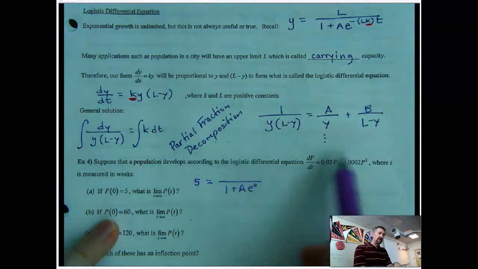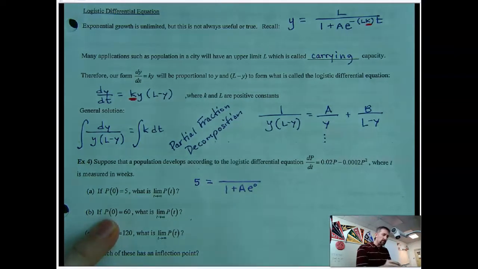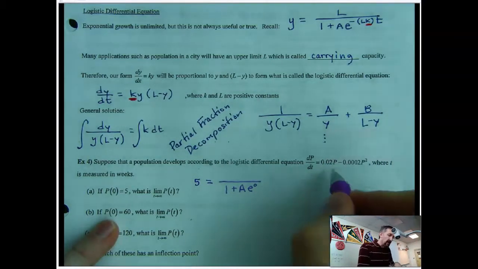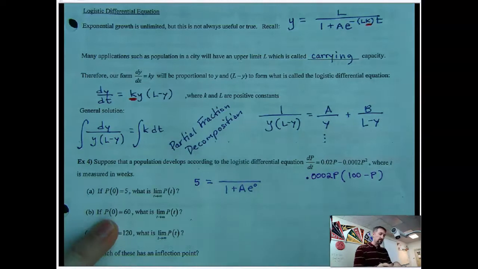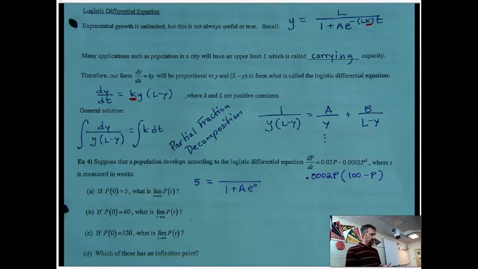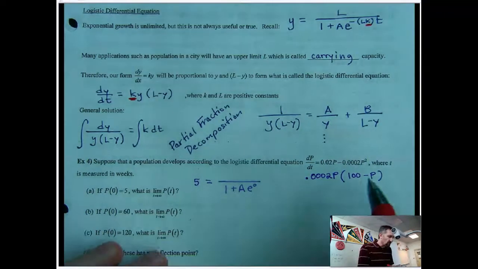We can use this to find L. So if we factor out this, so that would be 0.0002, and we could factor out a P, and that would leave us with 100 minus P. Okay, so that's L right there.